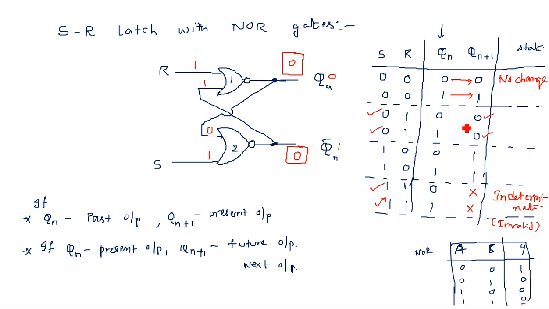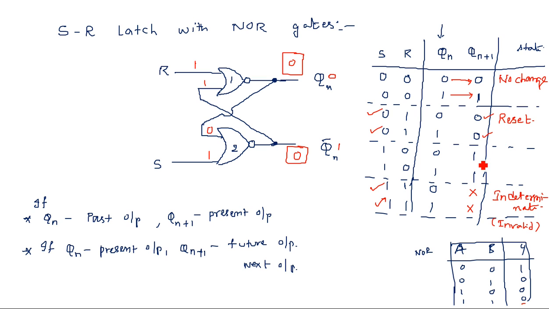And what about this one? When S is equal to 0, R is equal to 1, R equal to 1 means resets the output. So whatever the previous state is, output goes to 0. Resetting operation is done here.